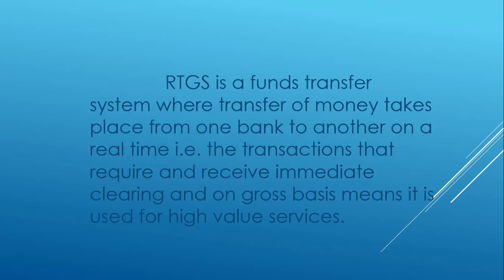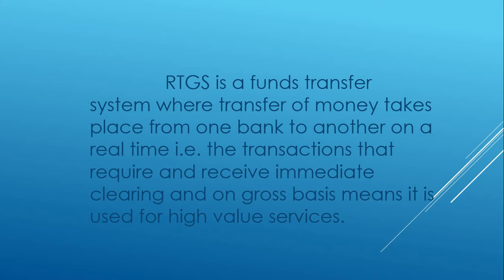RTGS is a funds transfer system where transfer of money takes place from one bank to another in real time. That is, transactions that require and receive immediate clearing, and on a gross basis, meaning it is used for high value services. With respect to RTGS there is no upper limit, but the minimum limit is 2 lakh rupees.